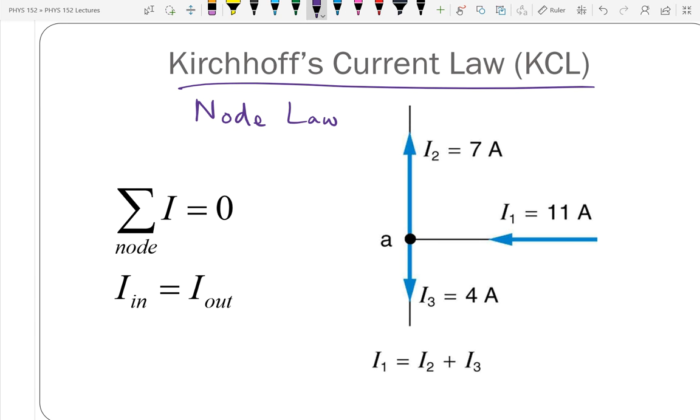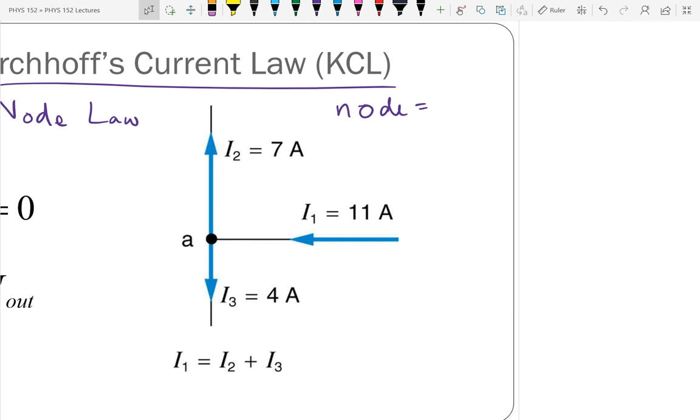says if you find a node, what's a node? A node is equal to a place where two or more circuit elements meet.